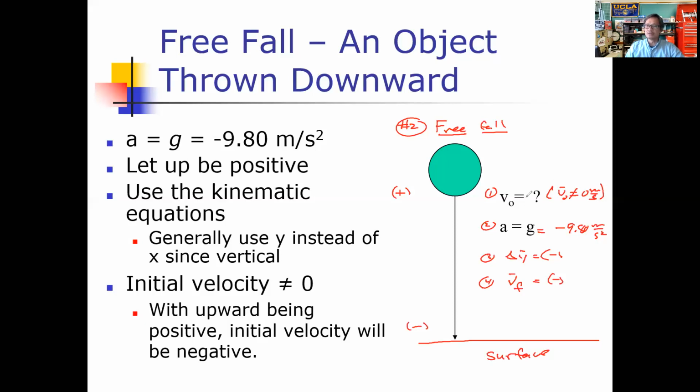It will not mention that this is an object in free fall number 2 and therefore has an initial velocity. You have to remember that. And then you have to identify that initial velocity. So you have to memorize these characteristics in order to get these problems done.